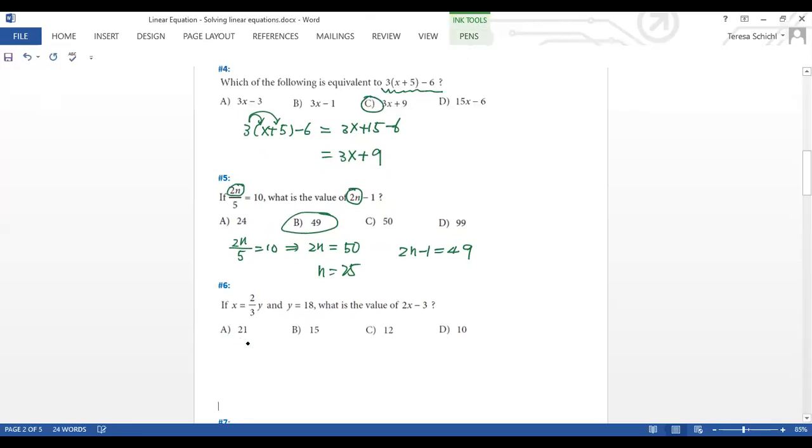So that means I want to find x equal to the 2x minus 3. So the x is equal to what? 2/3. And the y is equal to what? 18. Okay, so what is x here? X is 12. So 2x minus 3, so it's 24 minus what? Minus 3 is 21 here.